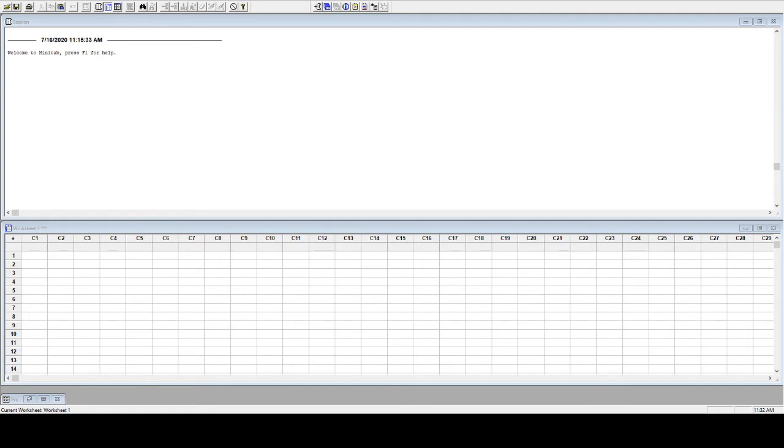I think you can see the Minitab worksheet very well.